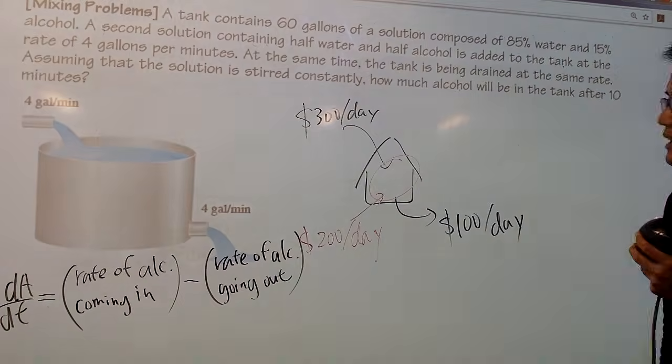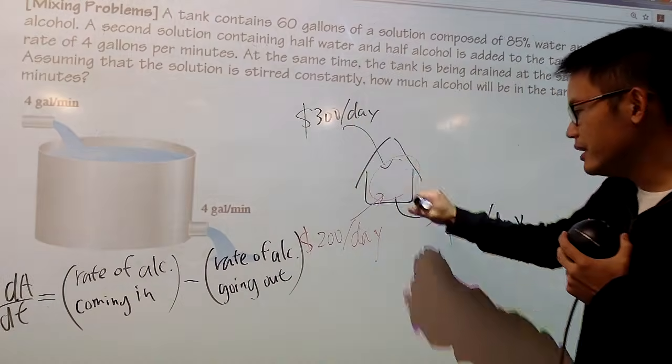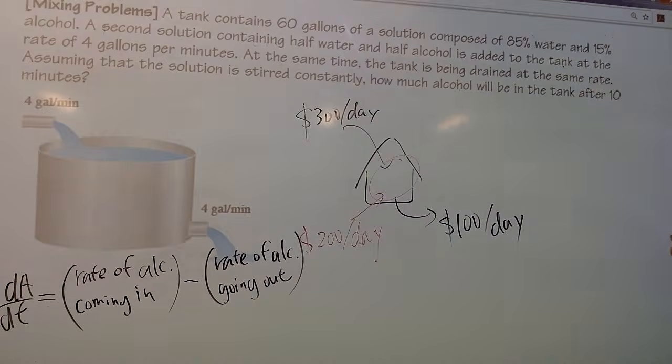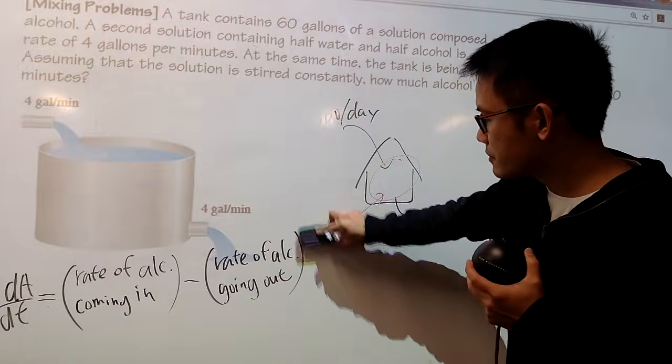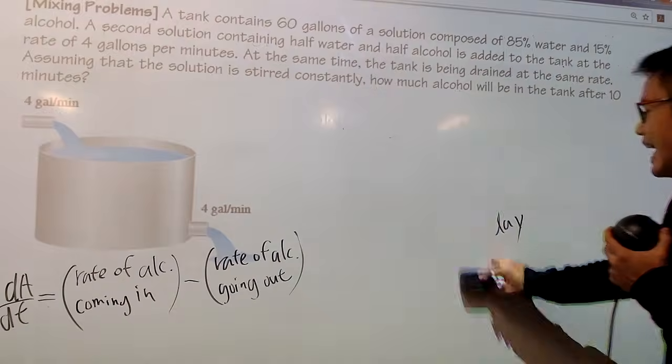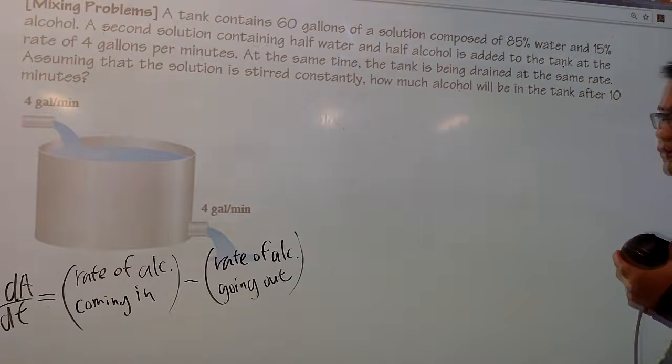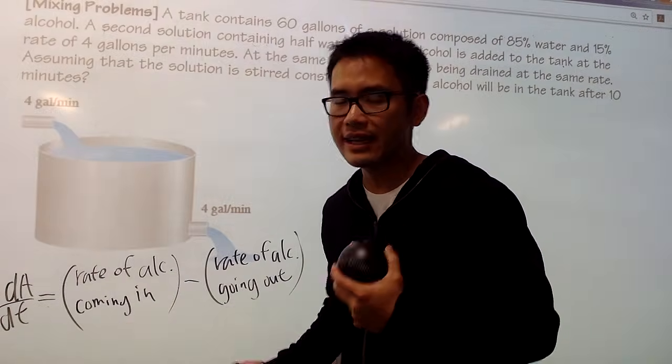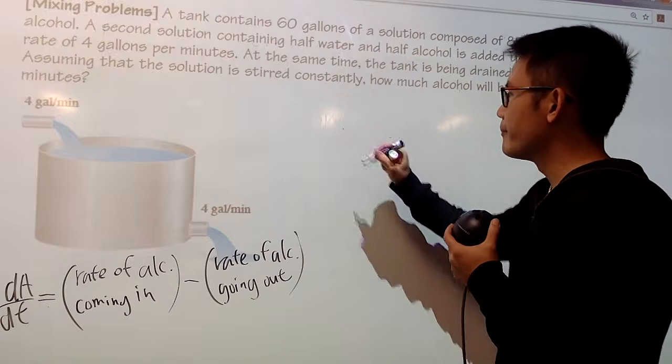That is the idea. It's just like the rate of money in minus the rate of money out. Of course, I have to explain to you guys how we can actually formulate this, and that's how we are going to set up.